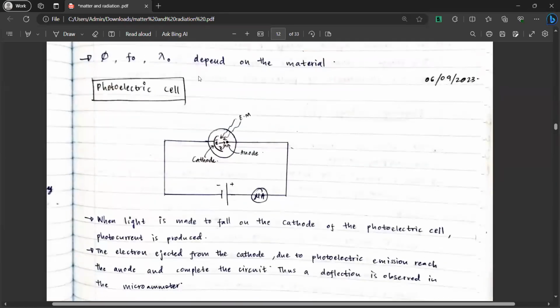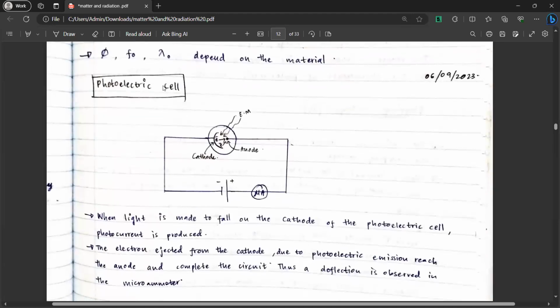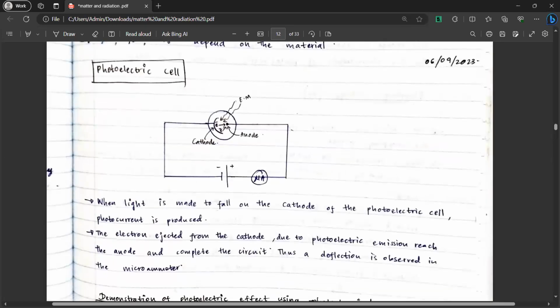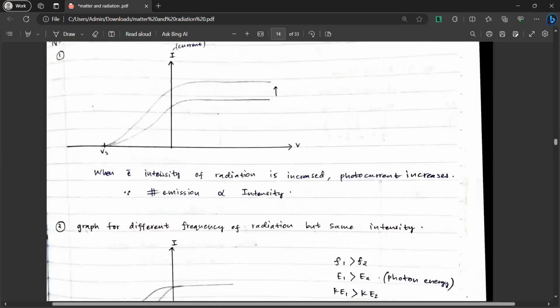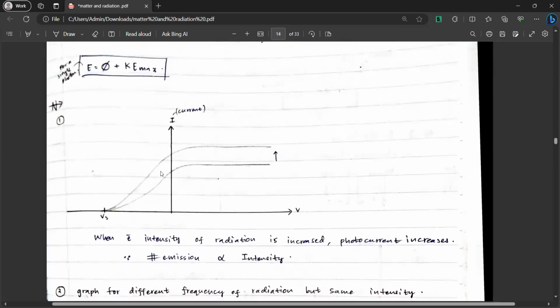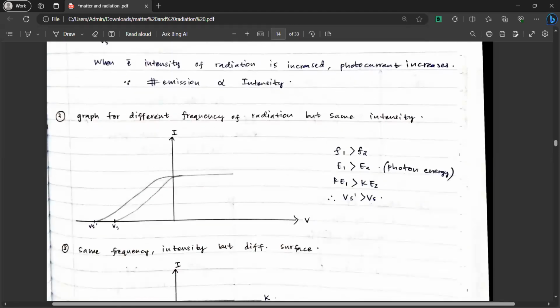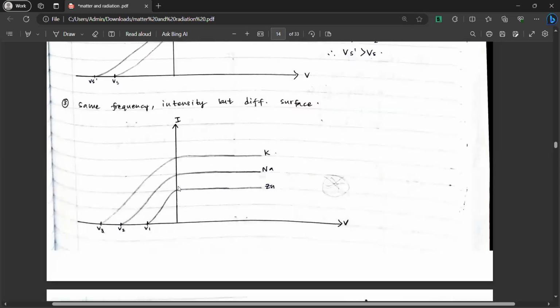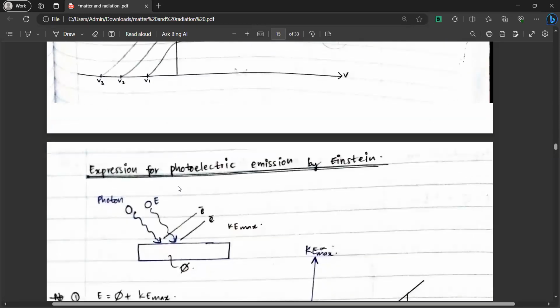Okay, next, let's discuss the photoelectric cell. Again, it's the same idea. Now we are going to prove what will happen to the photoelectric emission when we increase the voltage or decrease the voltage, and during the same intensity, different frequencies. So that is what we are going to discuss.